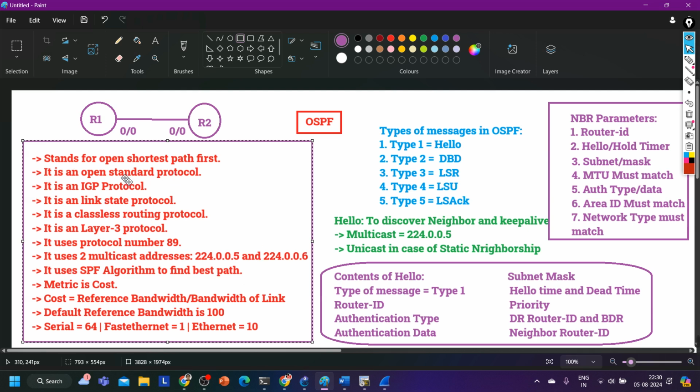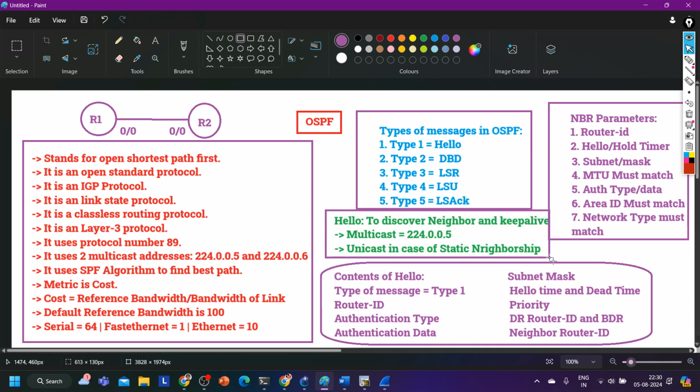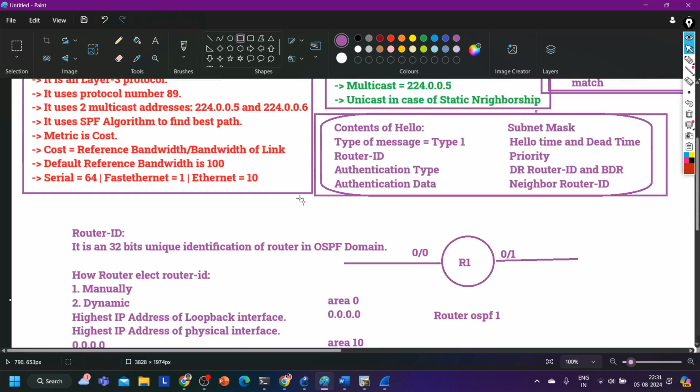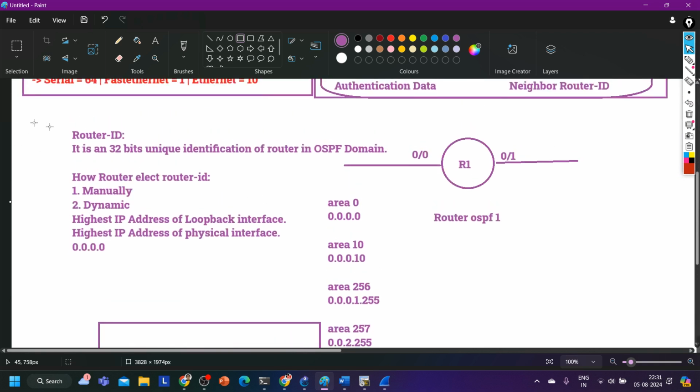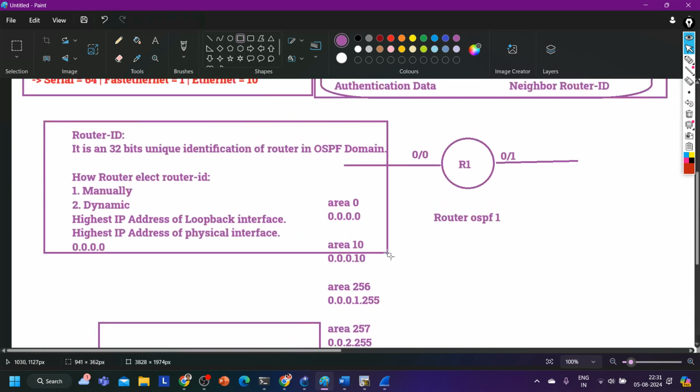Protocol number is 89. It is an IGP protocol, open standard, it uses the SPF algorithm. Then types of messages. After that we have seen the first message of OSPF, that is the hello message. Then contents of the hello message and neighborship parameters. After that we have seen basic configuration and router ID as well, right?